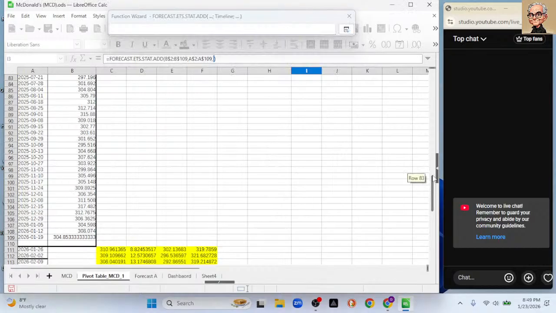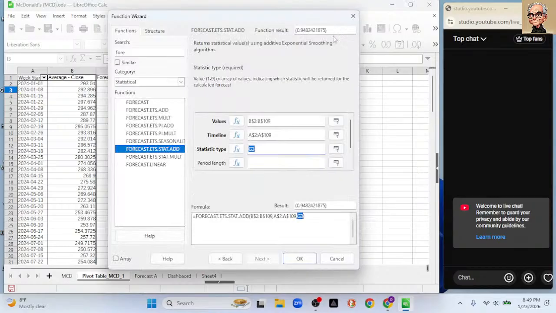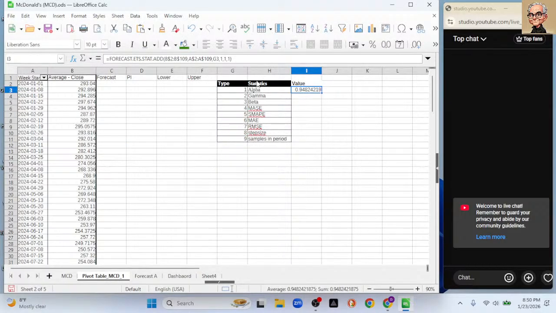Statistic type is this. Period length 1. Oh, there we go. So now we're going to come over here.